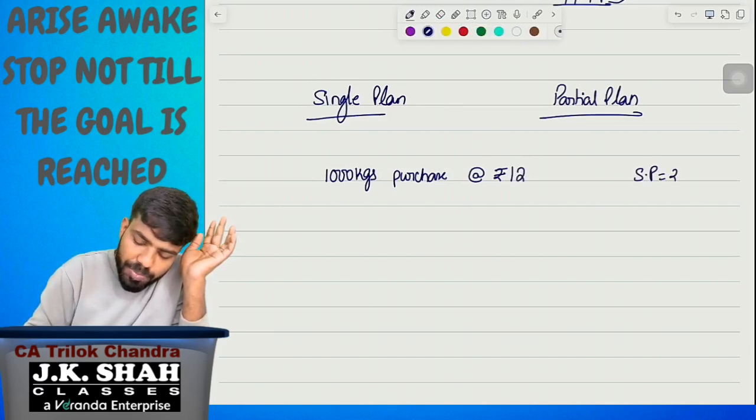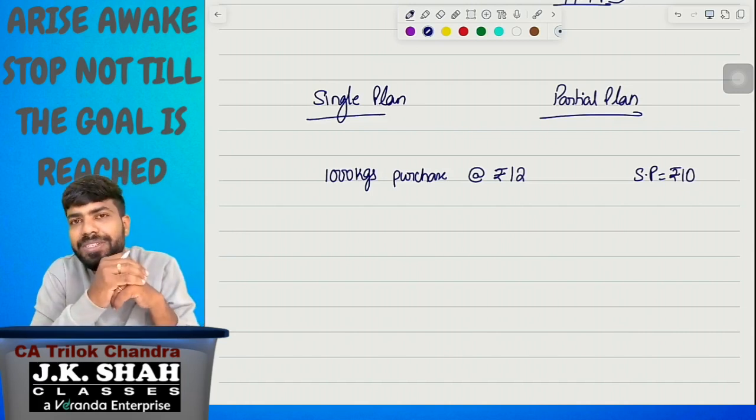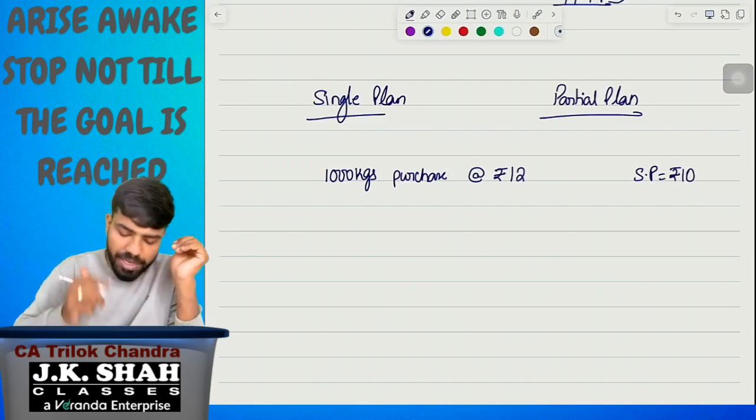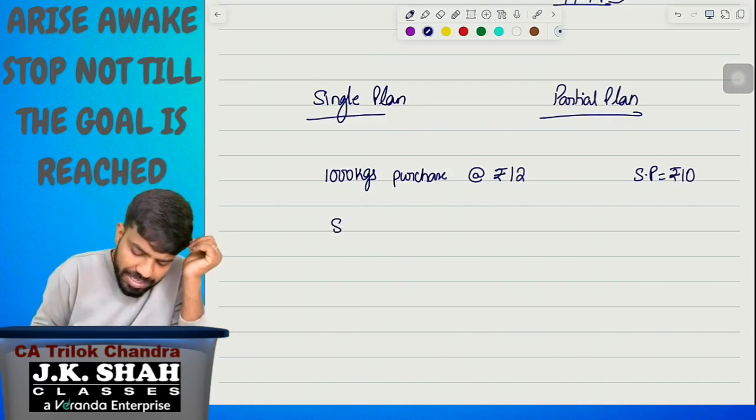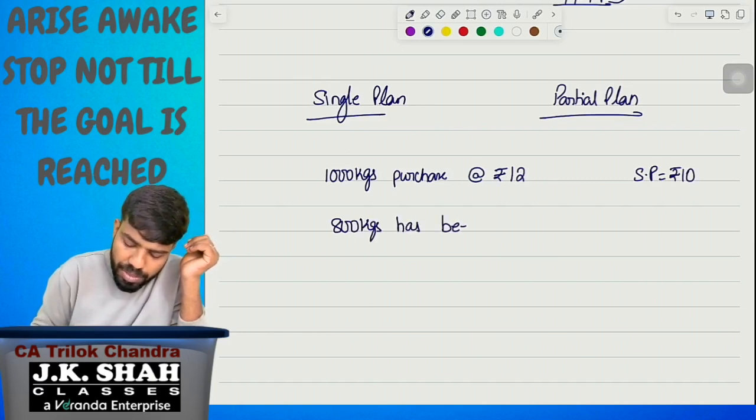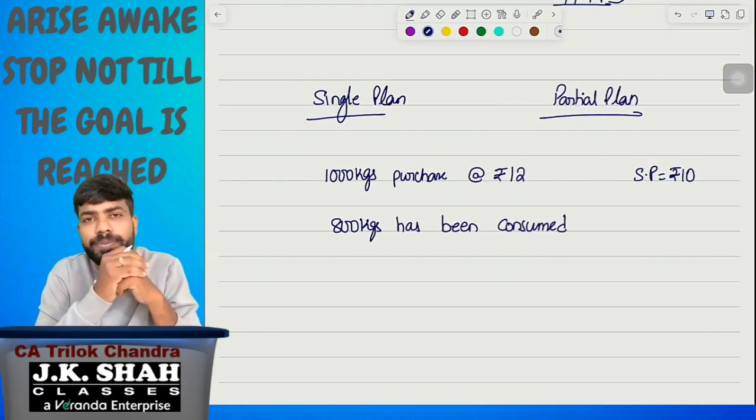Standard price equal to rupees 10. Permitted price is rupees 10, but actually incurred is 12 rupees. Now, out of 1,000 kgs, 800 kgs has been consumed.